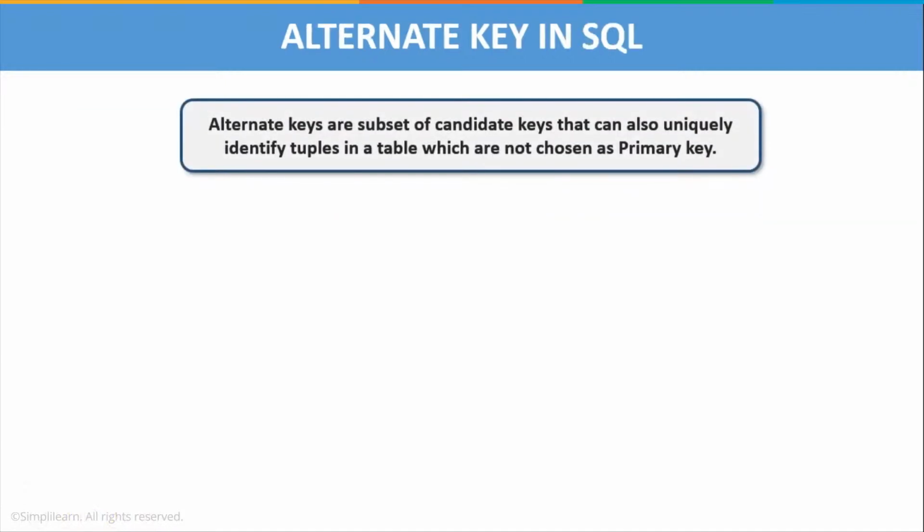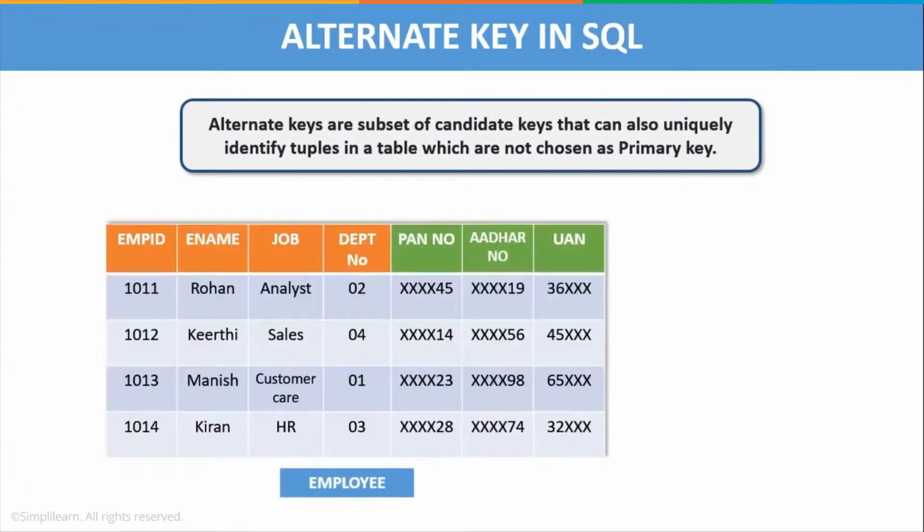Next, let us discuss alternate key in SQL. Alternate keys are a subset of candidate keys that can also uniquely identify tuples in a table but are not chosen as the primary key. For example, consider the employee table here, which has columns employee ID, employee name, job, department number, PAN number, Aadhaar number and UAN.